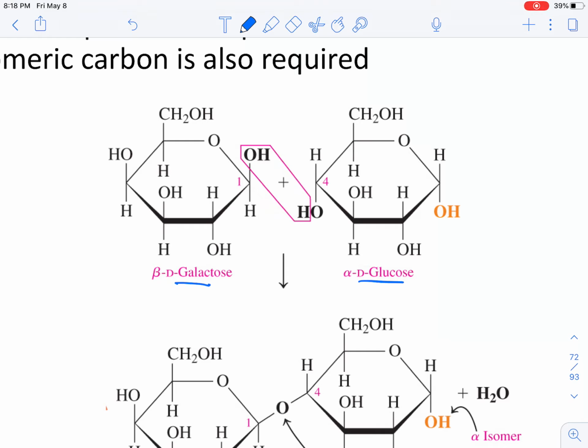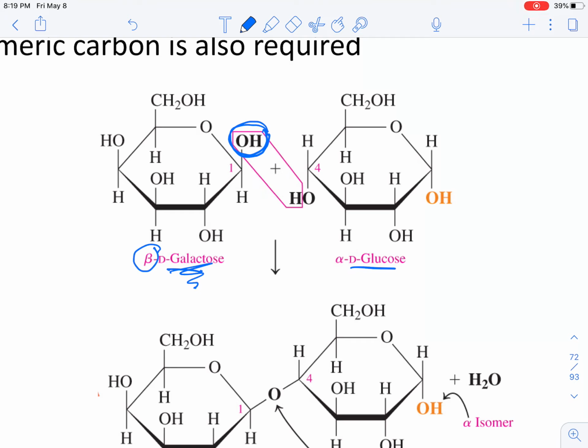And so looking at the formation of this glycosidic bond, it turns out that it is the beta form of galactose, so the hydroxyl group of the beta form of the galactose is going to pair up with one of the hydrogens.